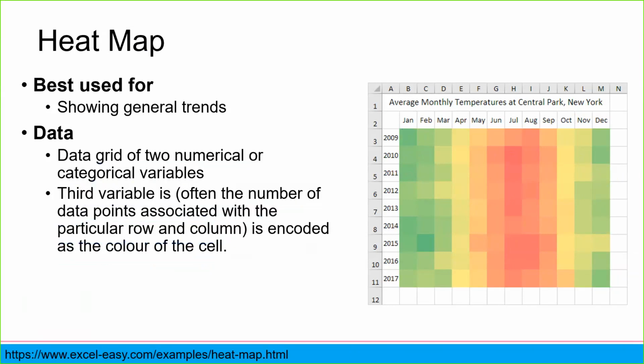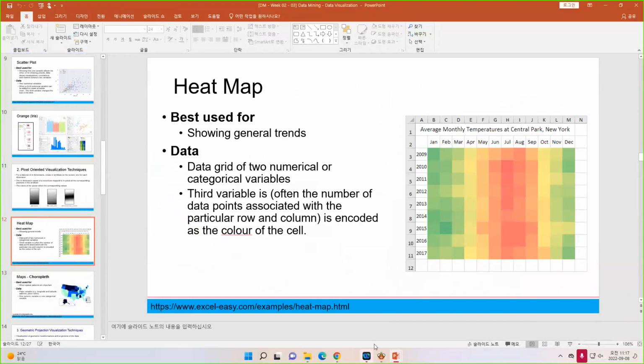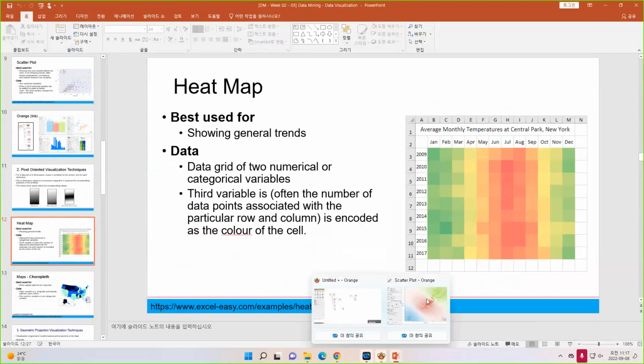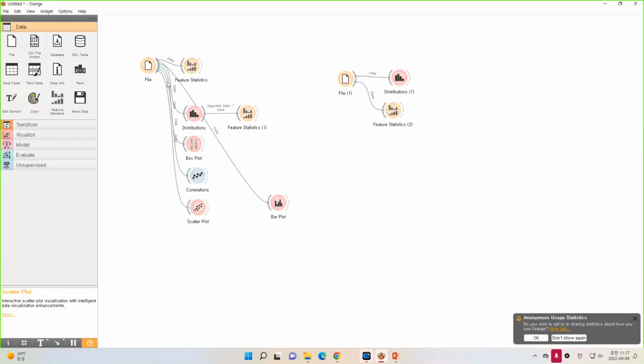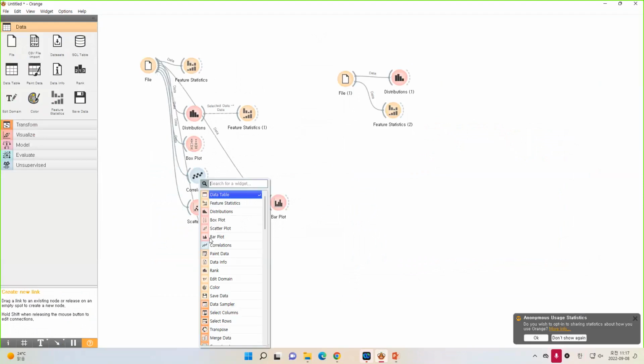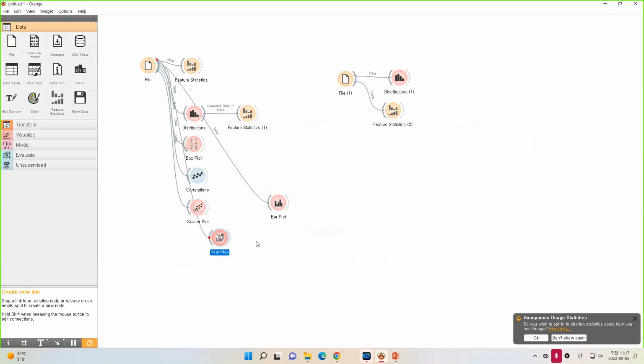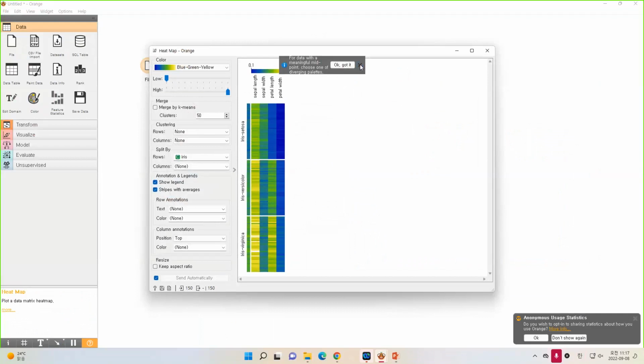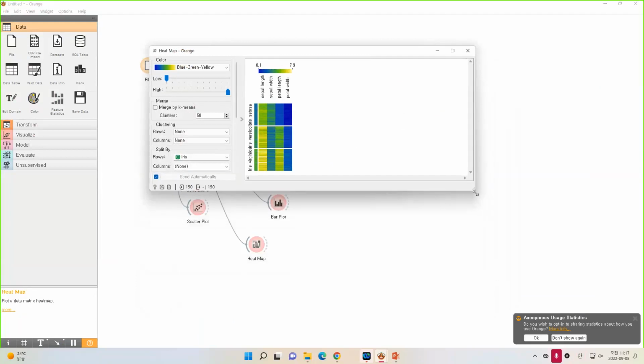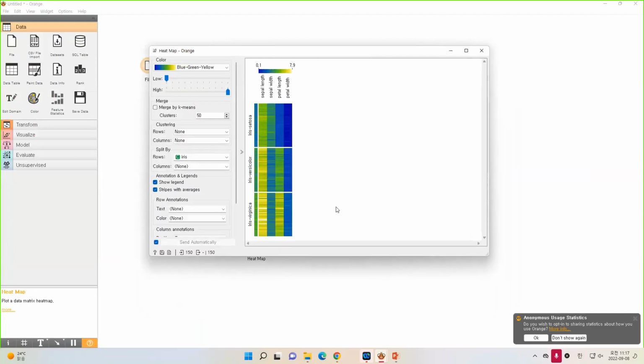This heat map can also be done in Orange. You can make the heat map here. So you can easily look at the variables here: sepal length, sepal width, petal length, and petal width.